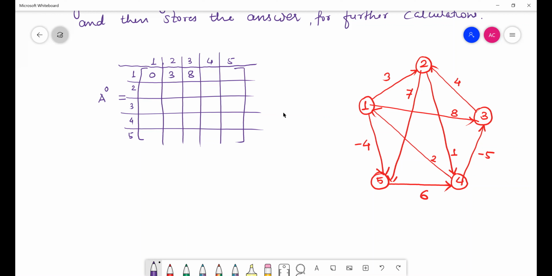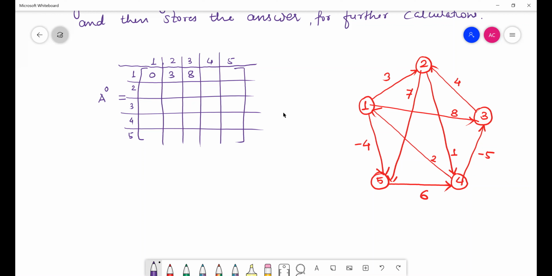But 1 to 4 जाने के लिए if you don't have an edge, does it mean that it is 0? Can't I reach 4 via something else? Yes, sir, we can, but in the graph we write it 0. As per the graph, we cannot.